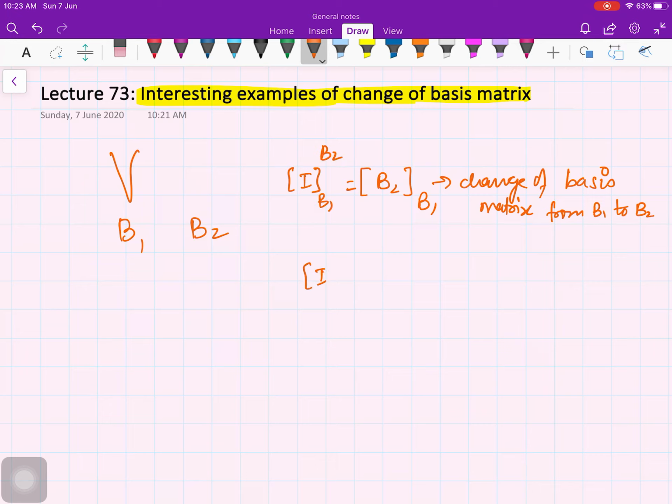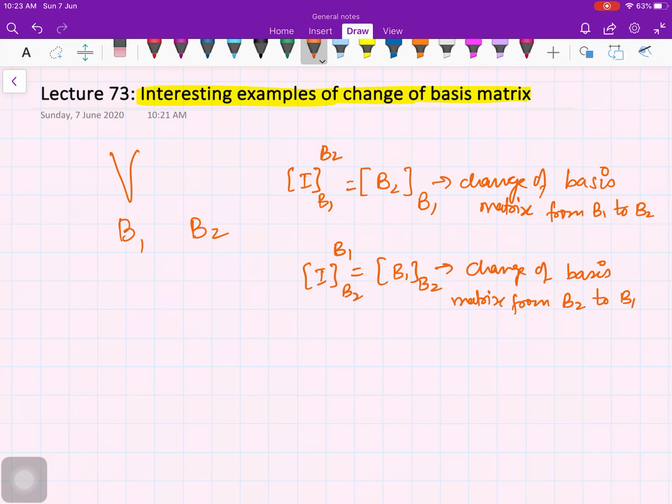Then we have I B2 to B1, and notation is also this B1 B2. This is change of basis matrix from B2 to B1, and if we call it P and it Q, we saw that P is equal to Q inverse and Q is equal to P inverse.